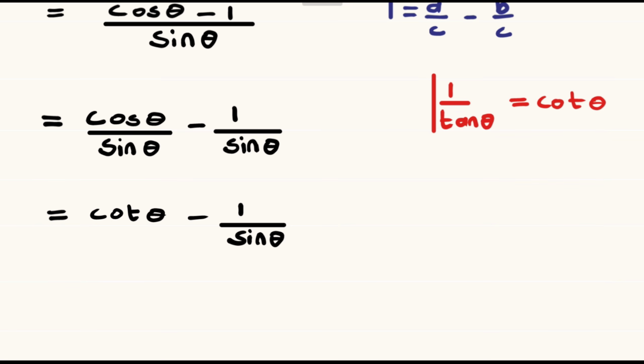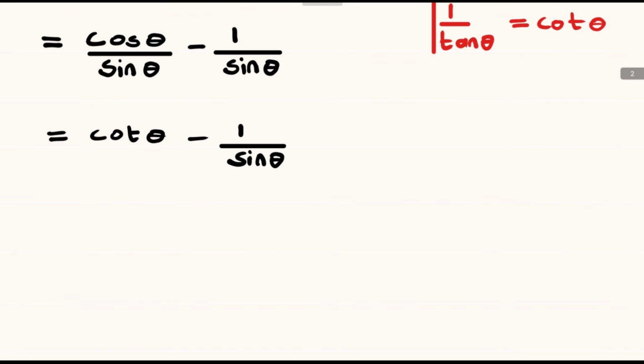So we can just substitute the 1 over tan theta in the place of the cot theta. So even that is sin theta over cos theta in reverse. So this will be 1 divided by tan theta. And this will be our answer.